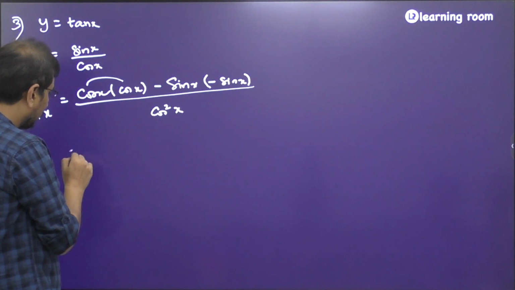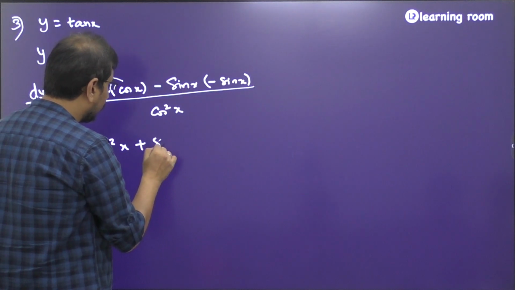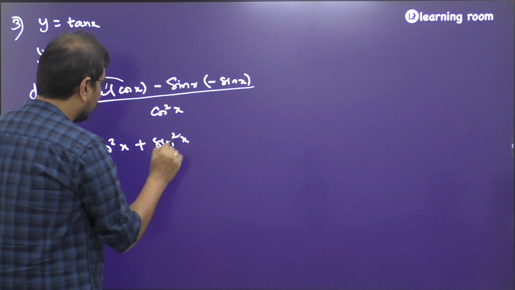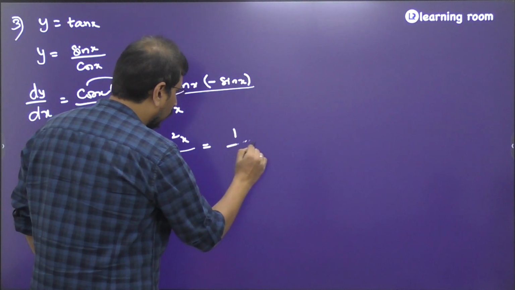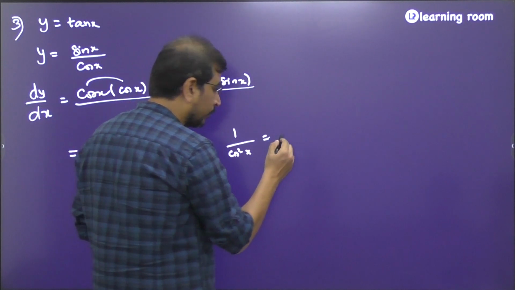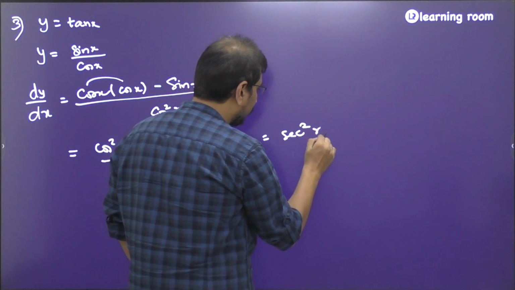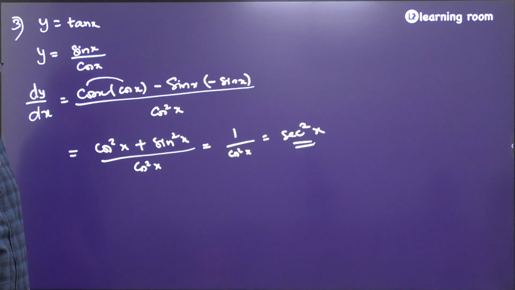This is minus of minus, the whole divided by cos square x. The answer will be 1 divided by cos square x. That's it. It is secant square x.